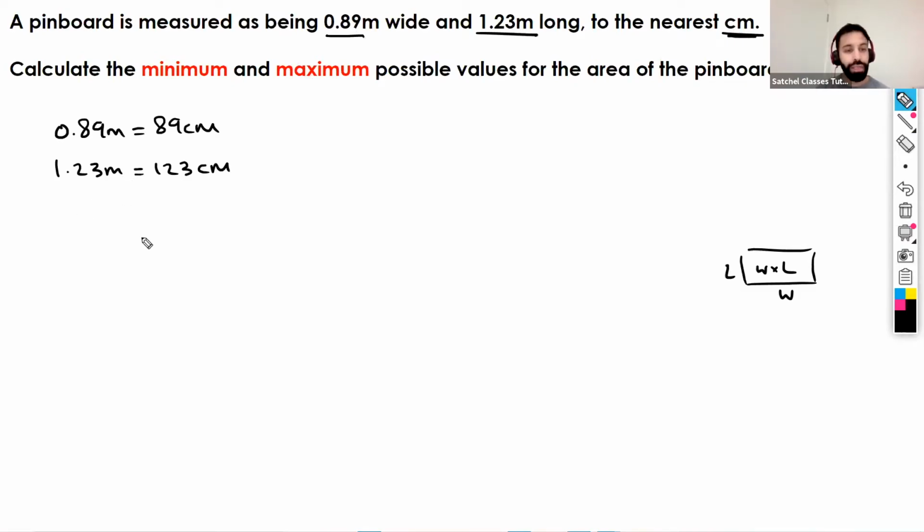All right, so now let's work out the error interval for the width. And then we can work out the error interval for the length.